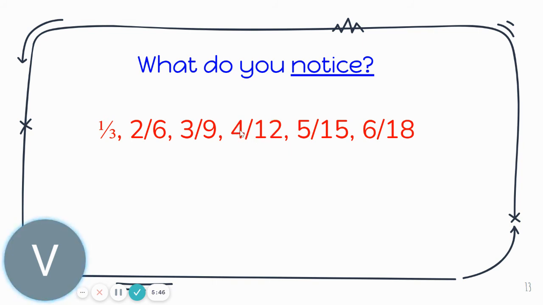And that's 1/3 of 12. And then 15 divided by 3 is 5, and 18 divided by 3 is 6. So that's a simple way of figuring out if a fraction is equal to 1/3 by dividing the denominator. And if it divides evenly, then it's equivalent to 1/3.